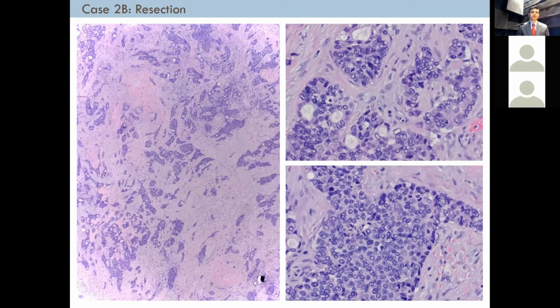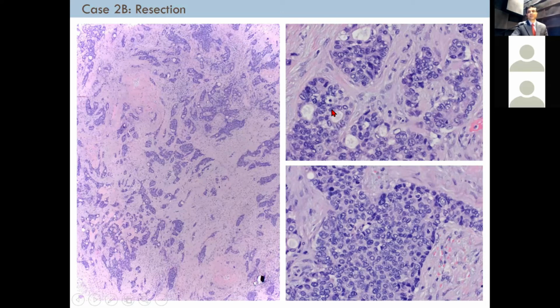Resection that was performed at our hospital showed a high-grade, predominantly solid neoplasm with variably sized large nests and trabeculae. Also, if you note, there are some glandular elements that are very intimately intermixed with these solid areas, seen on these high power images.